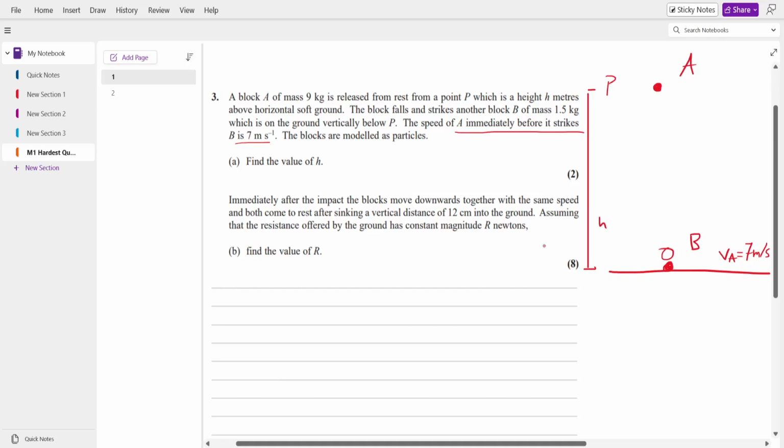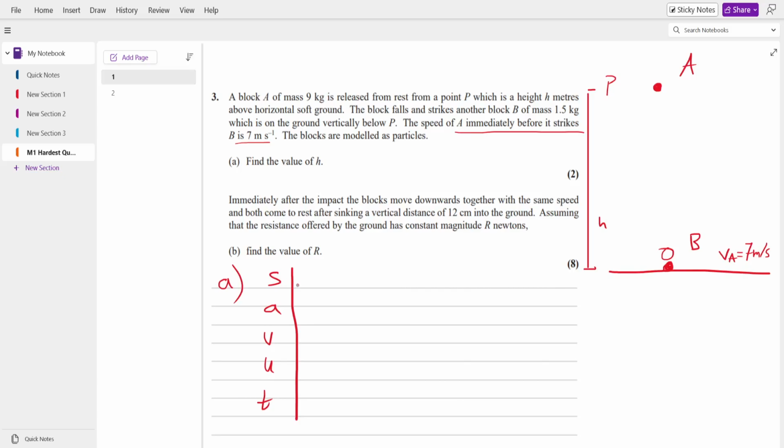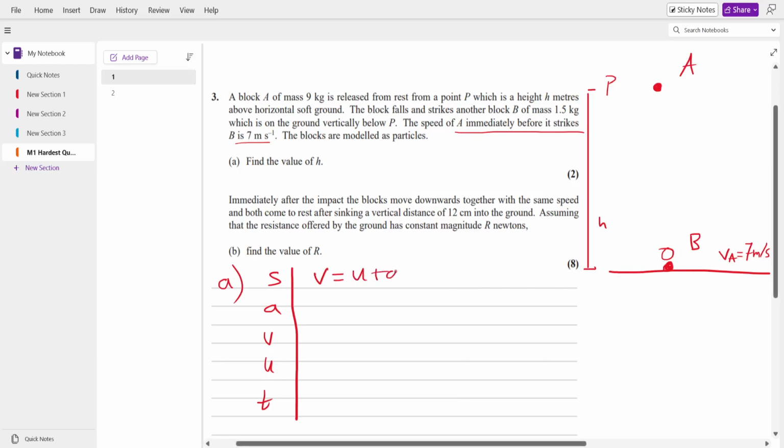Let's call this H. This is very obviously a kinematics question, because I have V's, I have a distance, I have U. I know that the acceleration of free fall is 9.81. So let's solve it with the famous SUVAT equations. What I like to do is write each letter, and in front of each letter the equation that doesn't contain this letter. So S standing for displacement, the equation that doesn't contain displacement is V equals U plus at.